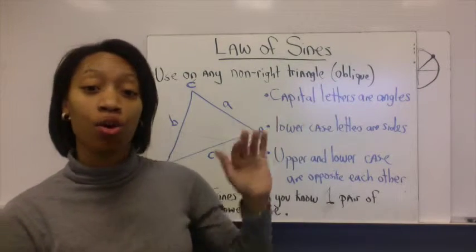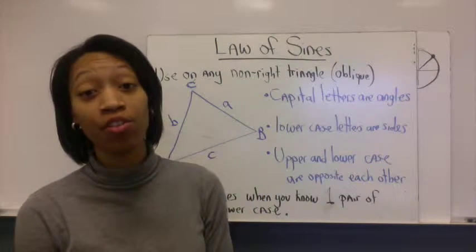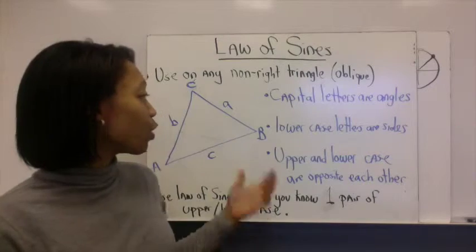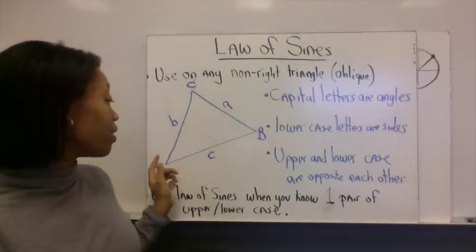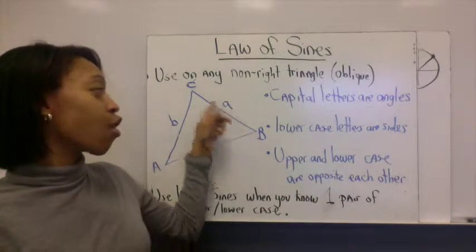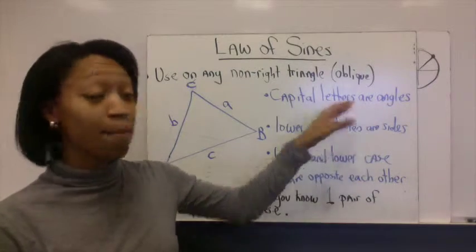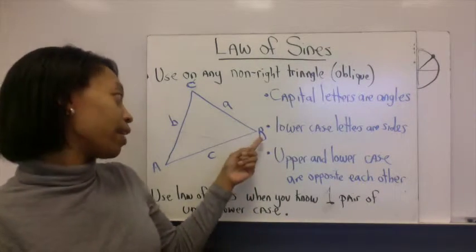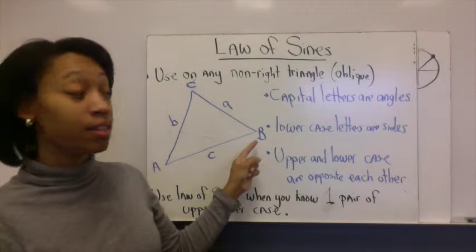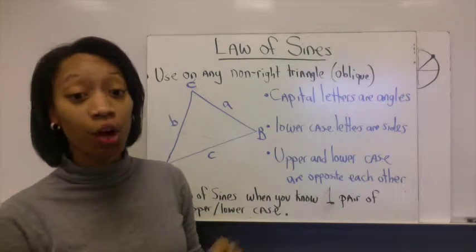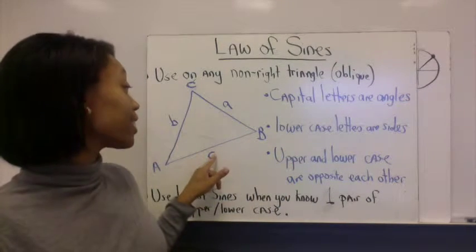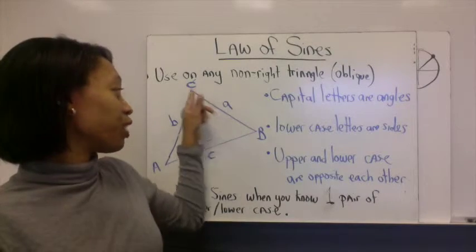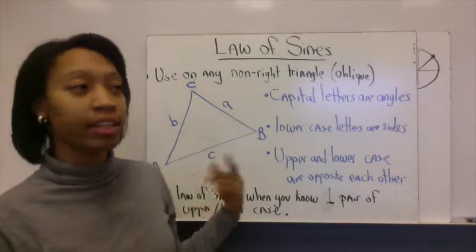Okay. So it becomes important that we label the triangle in the correct fashion. When you're looking at these triangles, notice that the capital letters are all the angles, measured in degrees, or radians. The lowercase letters are sides, and those could be measured in any length units like inches or meters.